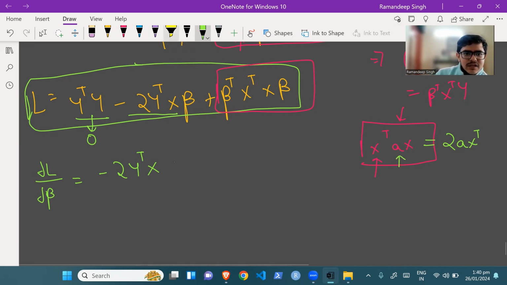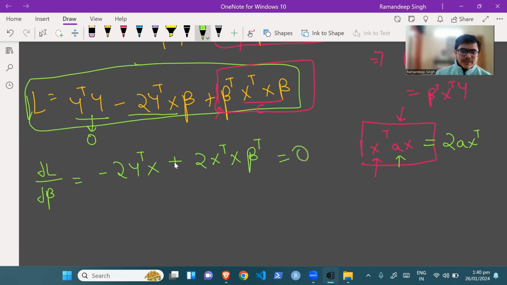So in this term, our constant is this. This is a constant and beta is the matrix, right? A could be a constant matrix, which doesn't contain variable terms, but our beta contains variable terms which we are trying to set to minimize our loss function, right? So the differentiation of this with respect to beta will be 2 times this constant X transpose X and the transpose of beta transpose.